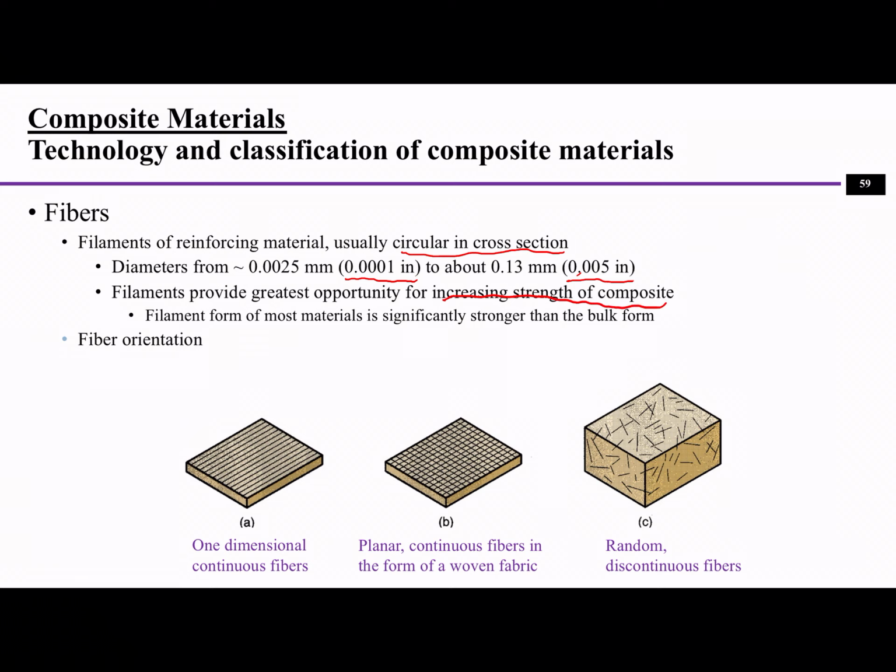In terms of orientation, it can be one orientation, like one dimension, or a planar dimension, or it can be random, discontinuous fibers. So there are different types of fiber shapes.